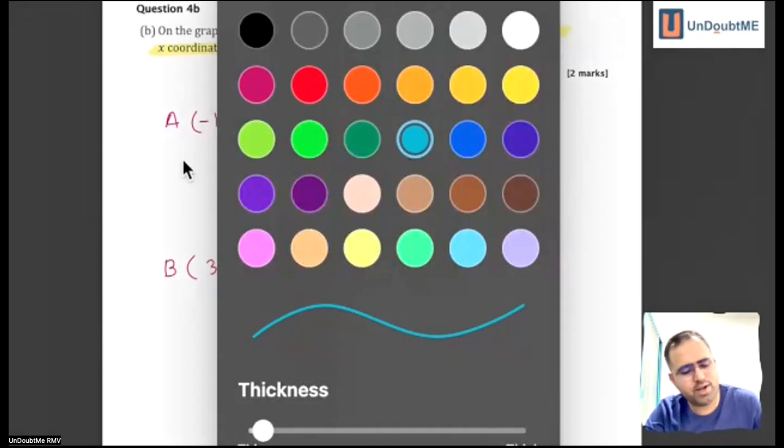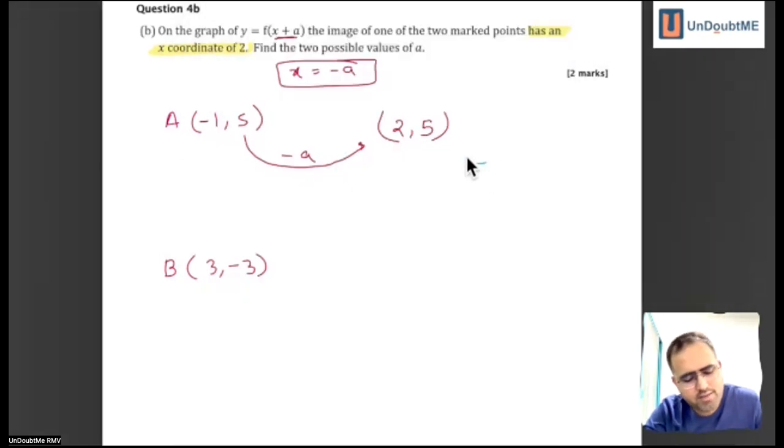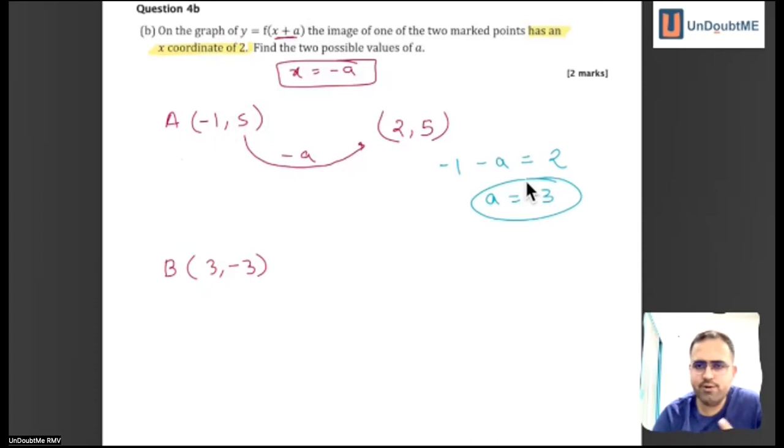I have to just write it down in the form of an equation: minus 1 minus a is equal to 2, and that will give me the value of a. So from here when you solve, you'll get the value of a as minus 3. One value is done. If there is any doubt to anyone in this, please ask now only.